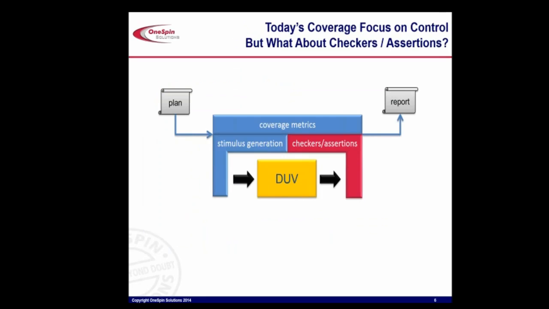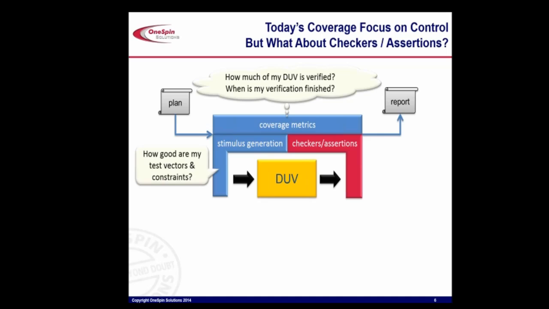I'm going a little bit more into technical detail now on what coverage actually means. What you have been experiencing in the last couple of years, tens of years, is a way of verifying designs by testing, where you basically apply stimulus to your DUV and check what the results are.